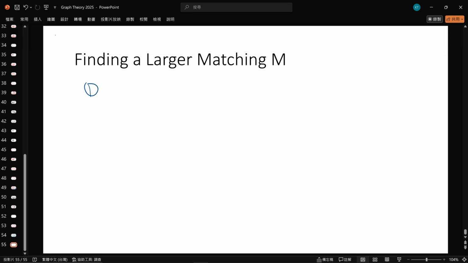So the structure of the algorithm is the following. First of all, we find a maximal matching. In fact, we can find any matching we want. Here I said maximal instead of maximum because this is just a local maximum matching, which means a matching where you cannot add any more edges.